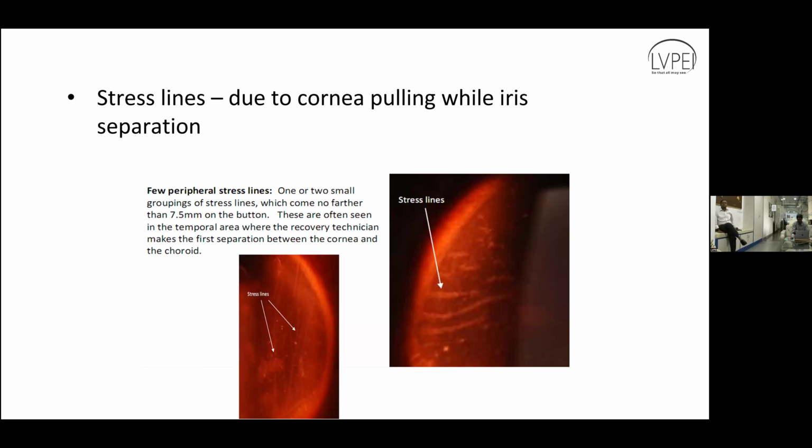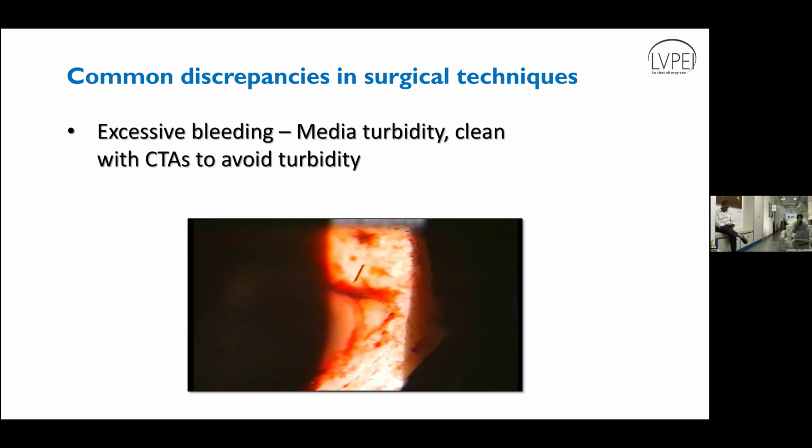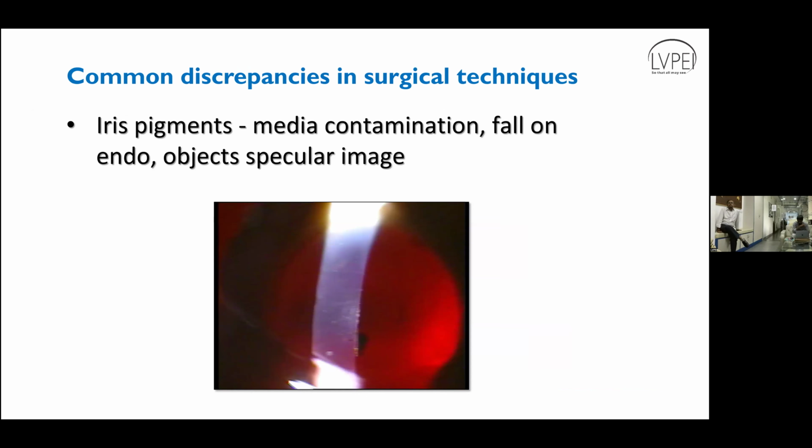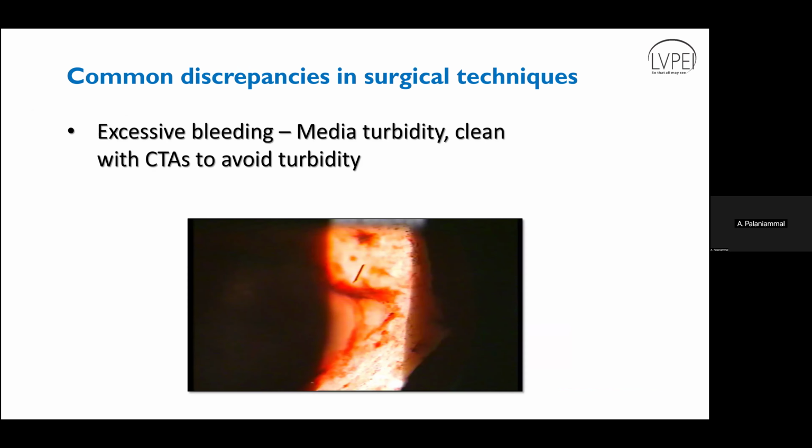We'll go back a couple of slides and see. If there is any excessive bleeding while you are doing corneal excision, there might be a chance of turbidity in the media. You will make out while excising the cornea if there is any bleeding oozing out from the sclera. So you can use sterile cotton tipped applicators and clean the blood from the sclera before transferring it into MK media.